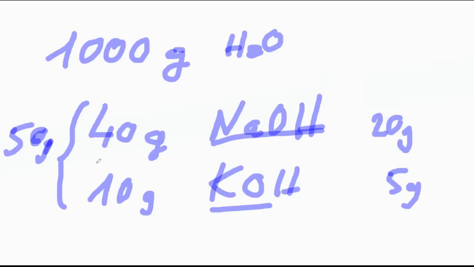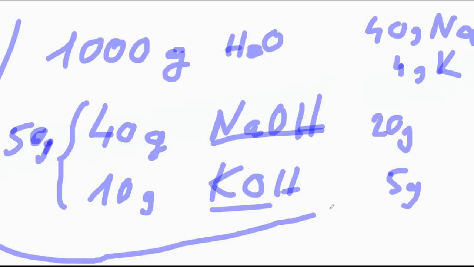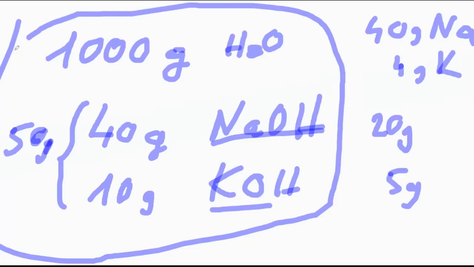Or you can use just 10%, 1/10 of potassium there. So you can use, for instance, 40 grams of sodium hydroxide and let's say 4 grams of potassium hydroxide. You can experiment whatever. This is just the ratio which I found bringing constantly proper results.